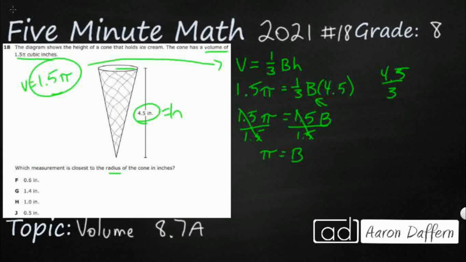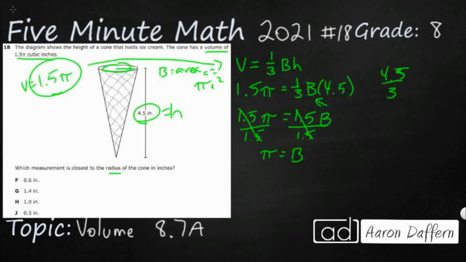All right. So what is this base? Well, this base is a circle, and that's really the area. So the base equals the area of a circle, so that means pi r squared. Okay. So let me see what I've got here.